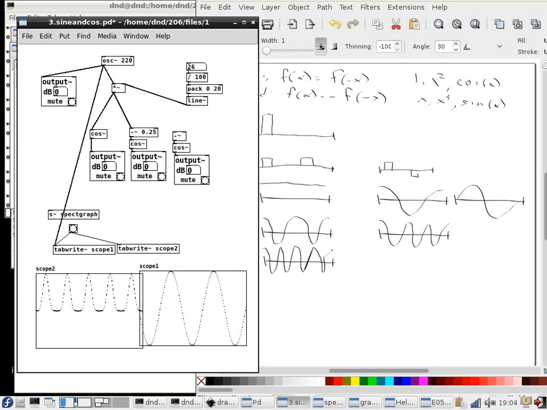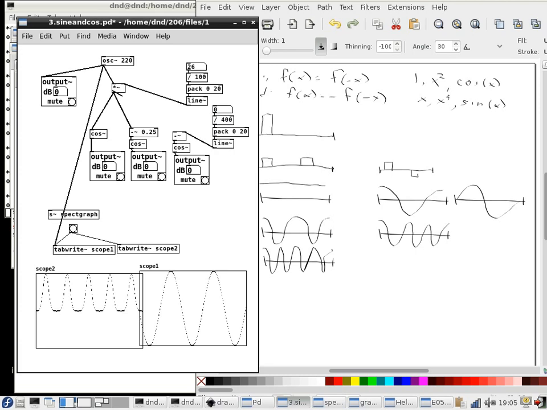So I'm going to subtract some number which I will have range from 0 to 1/4. So the control will go up to 100, and I want it to go up to a quarter, so I'm going to divide by 400.